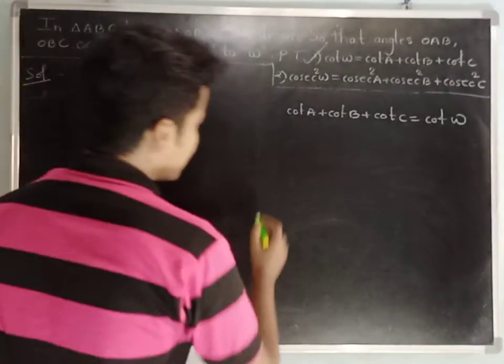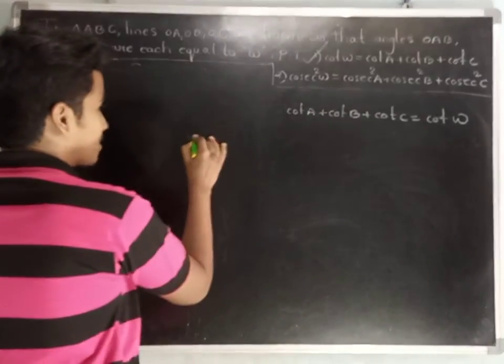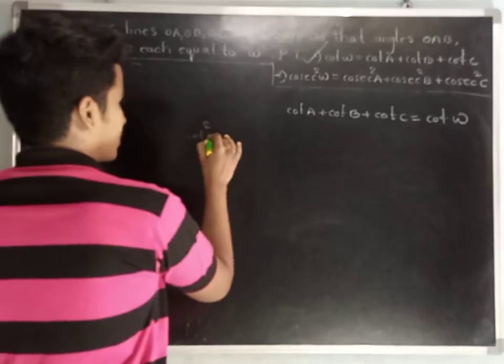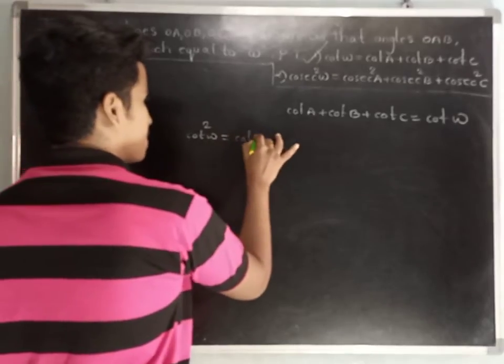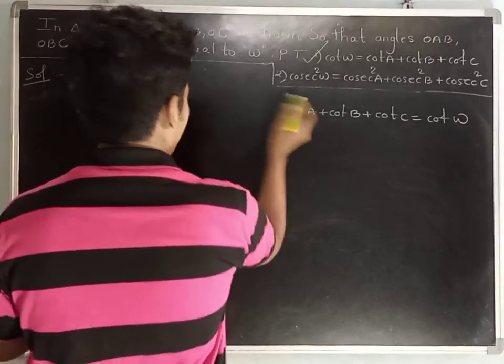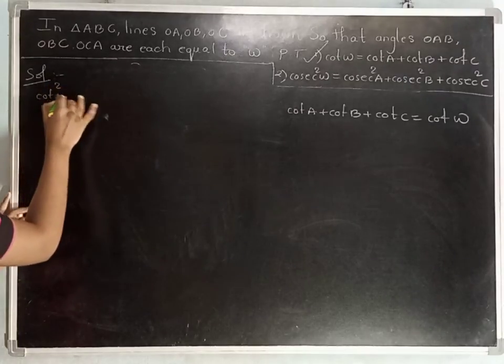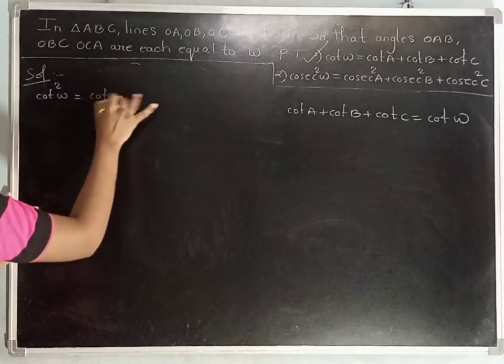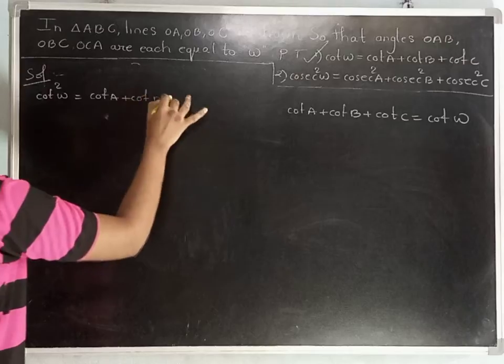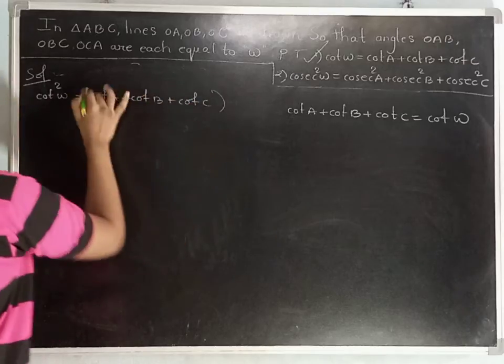So what I will do, let me square on both sides. Cot square omega is nothing but cot A plus cot B plus cot C whole square.